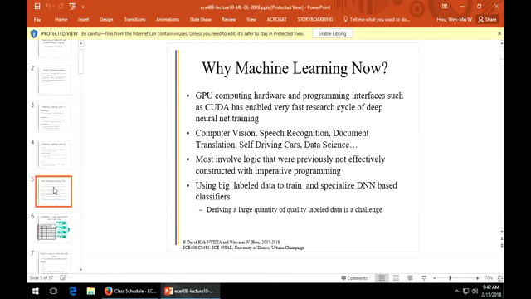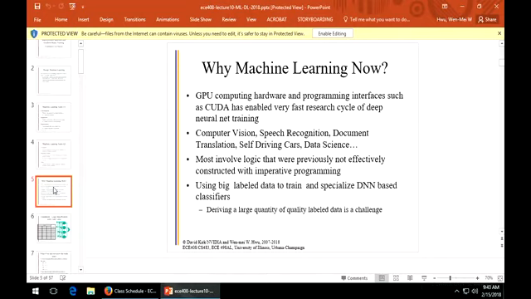The primary driving force of this whole movement in pushing machine learning and artificial intelligence forward is that GPU computing hardware and these programming interfaces, primarily CUDA, that you are learning here, have enabled a very fast research cycle for training of machine learning models. So these things have been very effective in computer vision, speech recognition, document translation, self-driving cars, and data sciences.